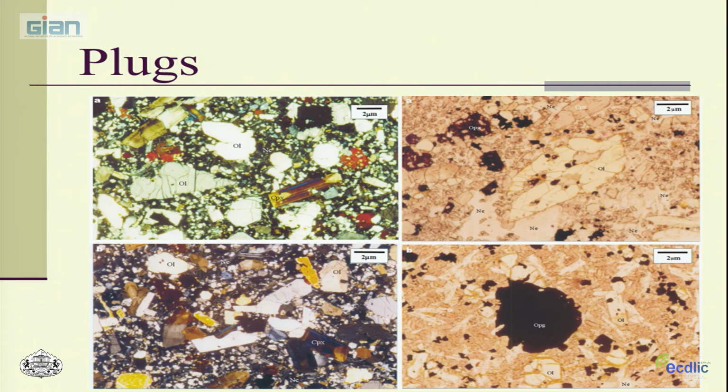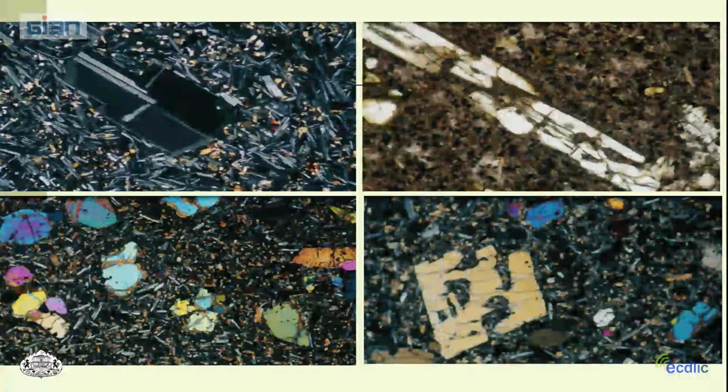There is a subtle difference between basanite and melanephelinite. When there is appearance of plagioclase feldspar, we call it a basanite, and when it is absent and nepheline-dominated, both in the mode as well as in the CIPW normative mineralogy, we call it a nephelinite. These are the ways and means to classify these rocks. Okay.